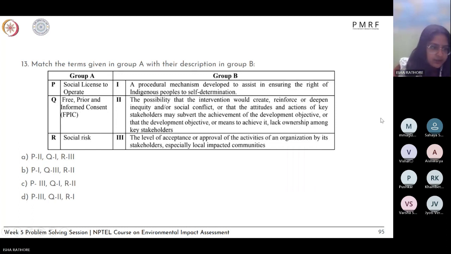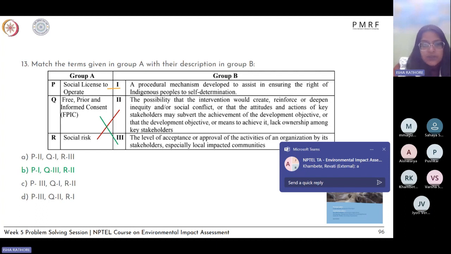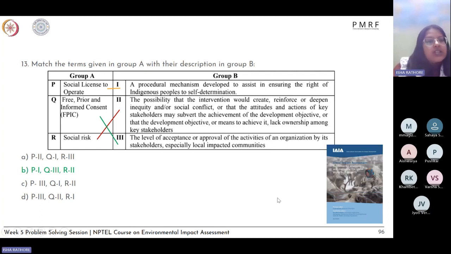So A. Okay. So social license to operate is the procedural mechanism which is developed to assist in ensuring the right of indigenous people to self-determination. So P matches with 1.